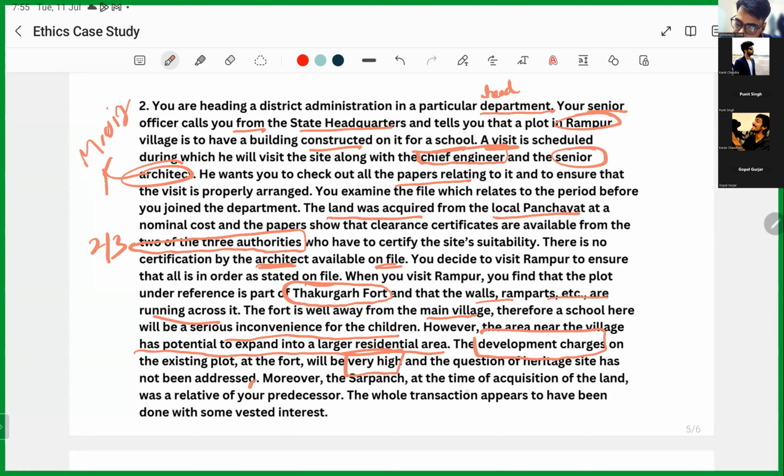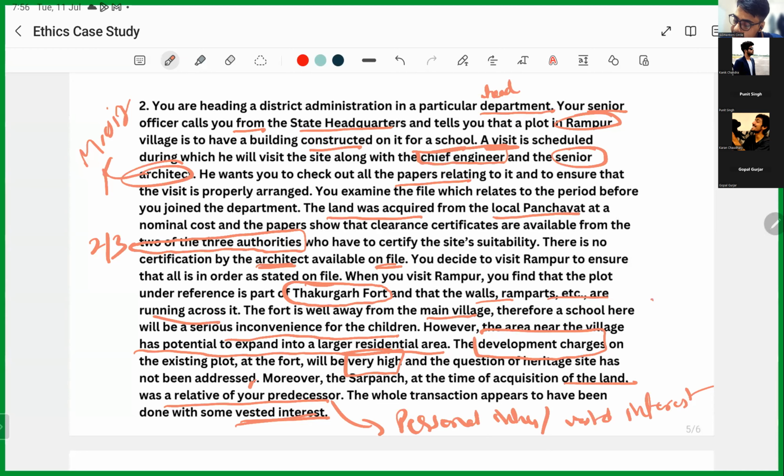Moreover, the sarpanch at the time of acquisition of land was a relative of your predecessor. Okay, this relative thing. It means it might be some personal interest, vested interest. Okay, the whole transaction appears to have been done with some vested interest.